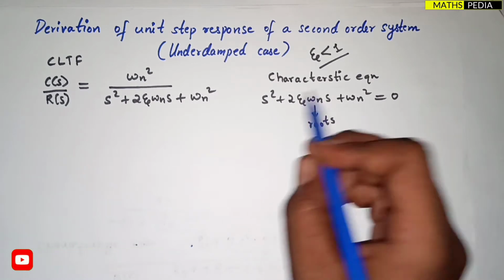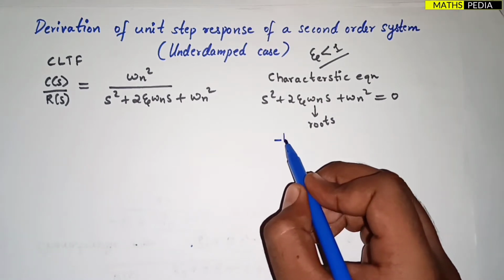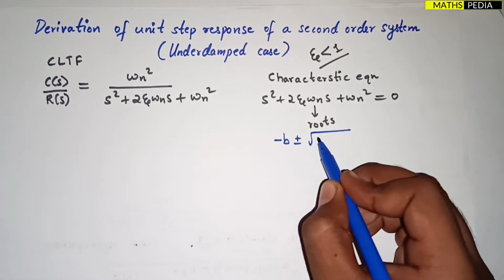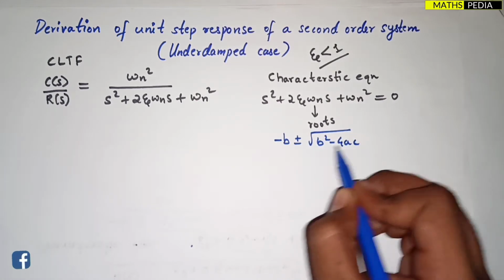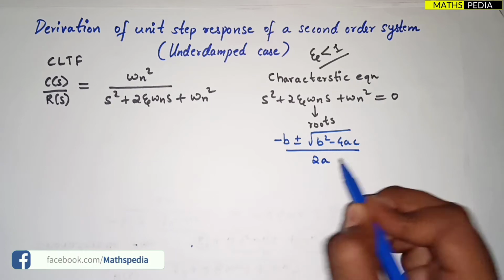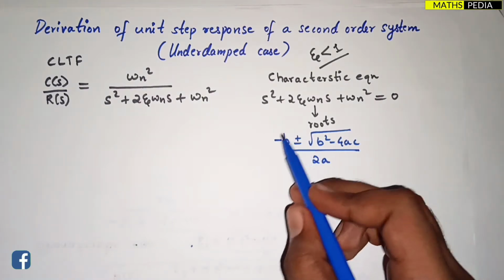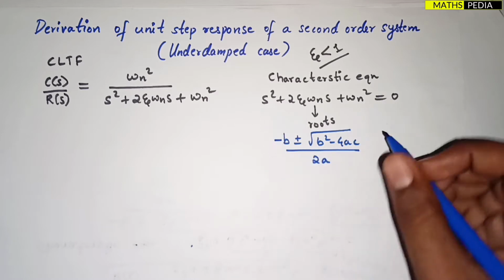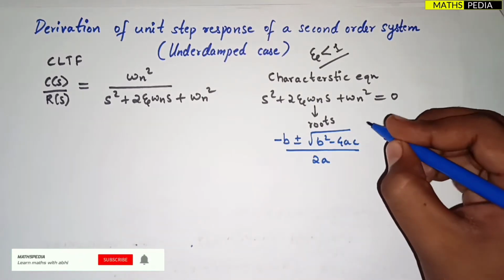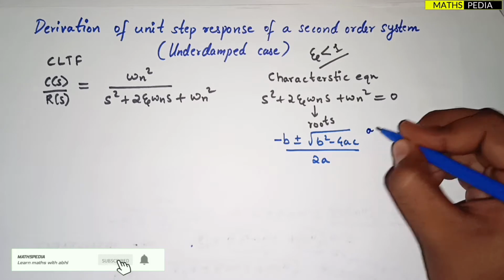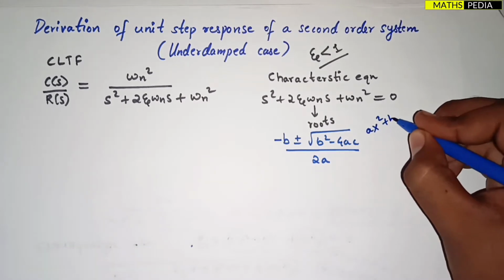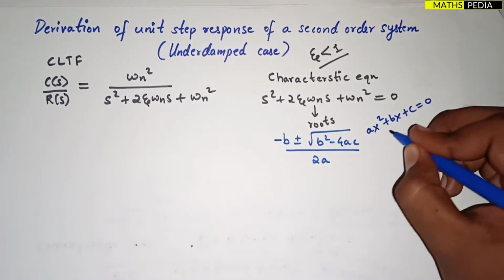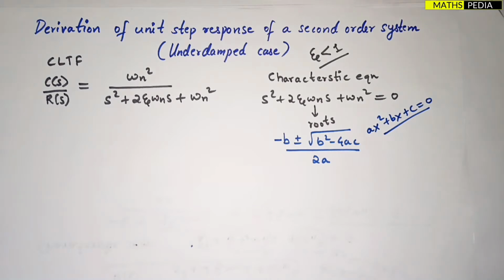In order to find the roots, you can go for the formula: minus b plus or minus root of b square minus 4ac, by 2a. This is the standard formula for a quadratic. The standard form is ax square plus bx plus c equal to 0. Now when you compare, what is a, what is b?